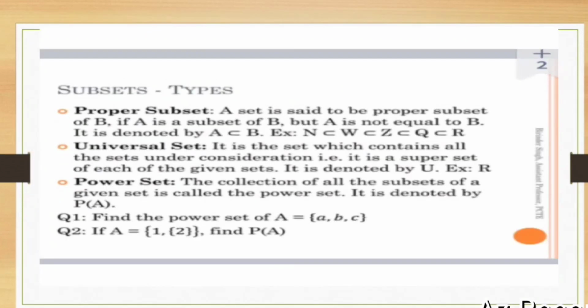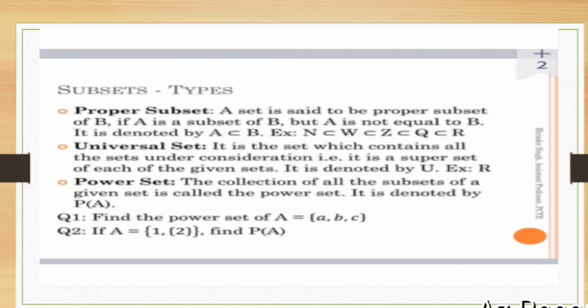S is called a proper subset of B if S is a subset of B and B has at least one element which is not in S. S equal to {1, 2}, B equal to {1, 2, 3}. So in this case S has only 2 elements but B has 3 elements. So it is called a proper subset.